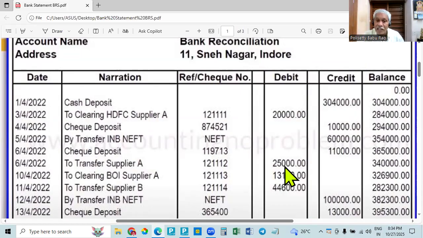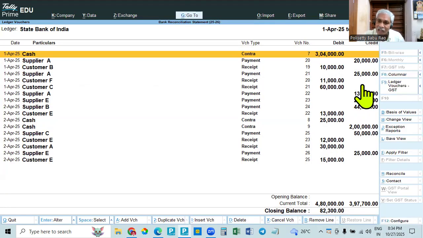Till that time, our account will not be affected in the bank, but in the books it is. If both made the entries at the same time, there would be no difference. Otherwise, till the bank makes the entry, the balance will not tally.